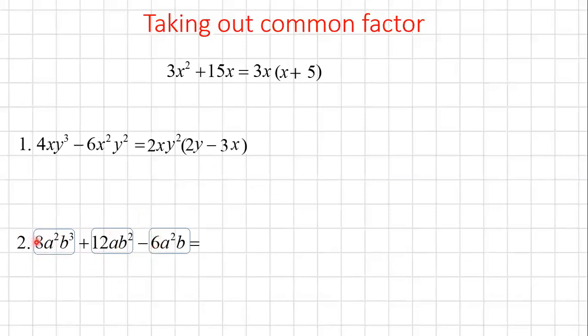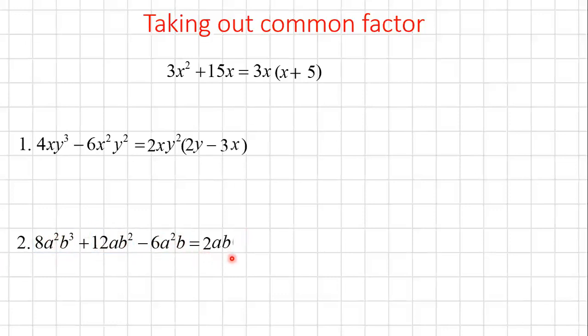The greatest common factor of 8, 12, 6 is 2. And a squared, a, and a squared. As you remember, we should take the least exponent. 2, 1, 2, so the least exponent is 1, just a. And b cubed, b squared, b. The least exponent is b.